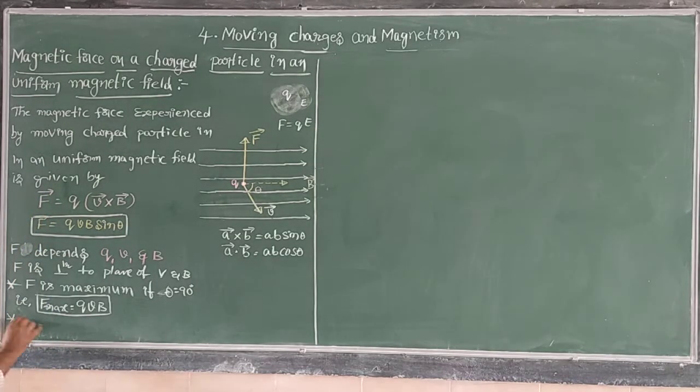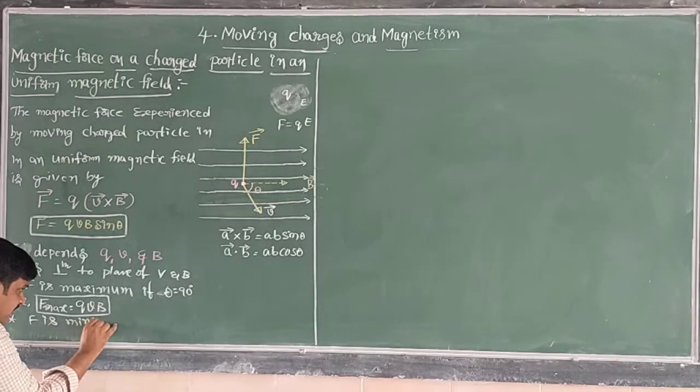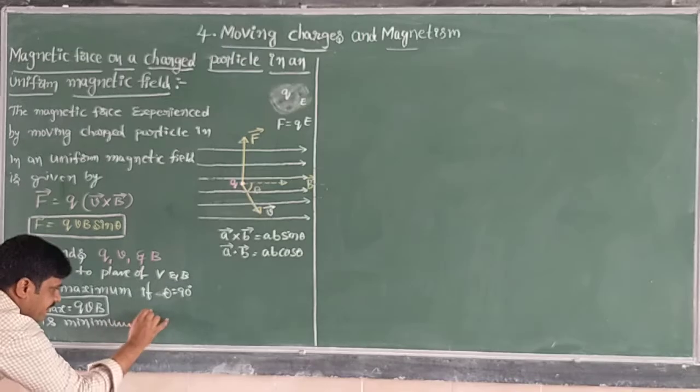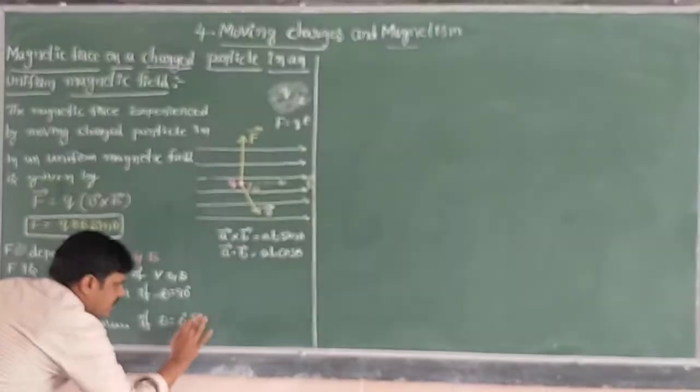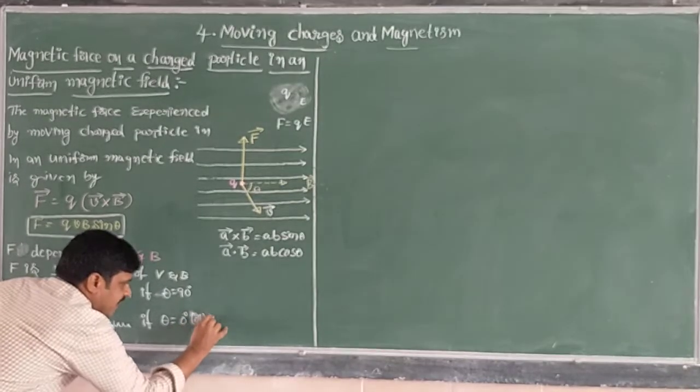Next, F is minimum if theta is equal to 0 degrees or 180 degrees.